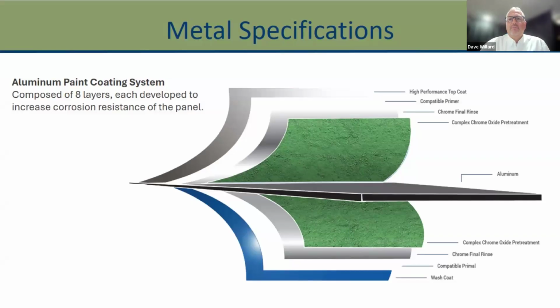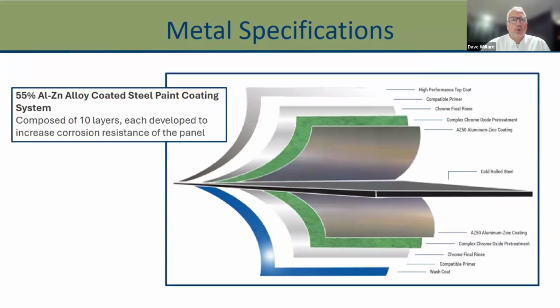They do a final chrome rinse, then they have a primer, and then of course the top coat, which is a high performance top coat, which we talk about as PVDF paint or paint finish. The underside is the same process, except instead of a finish coat of paint, it has a wash coat. So really 8 layers go onto that piece of aluminum to give it its final look.